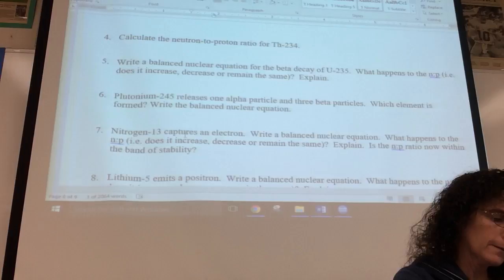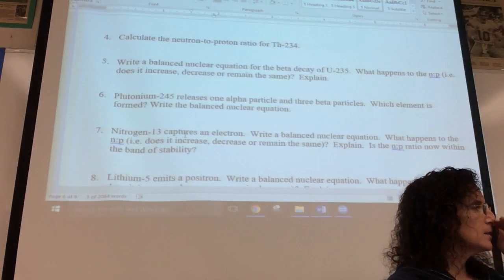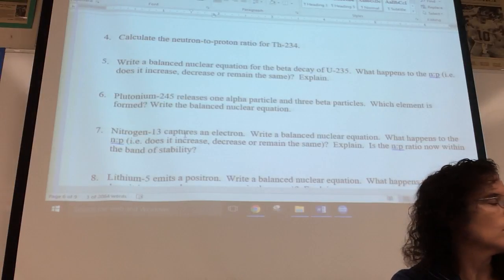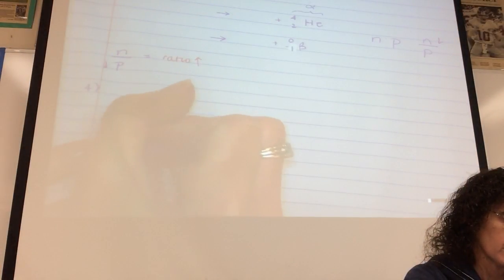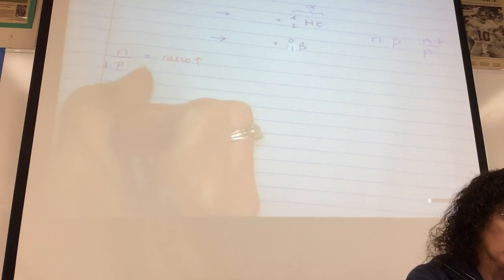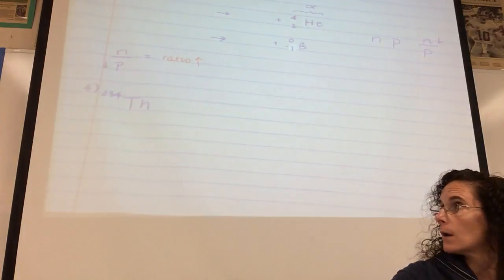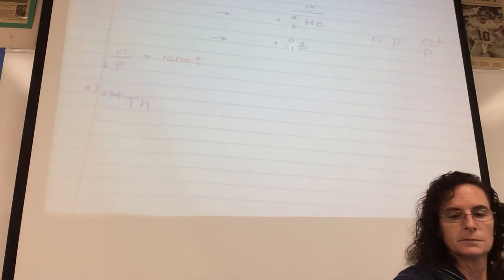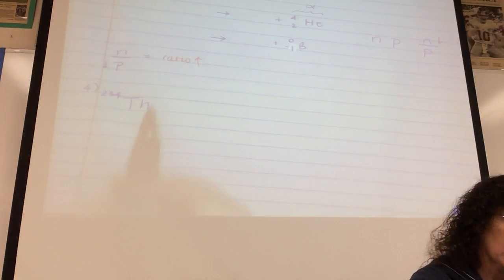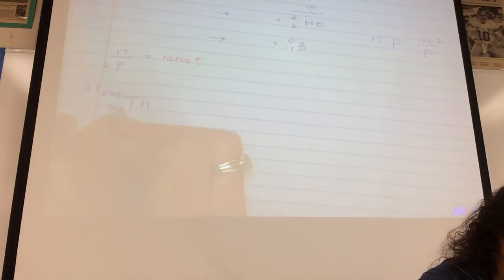Number 4 says calculate the neutron to proton ratio for thorium-234. We know the element. We know the mass number. The atomic number is what? 90. How do we get neutrons?